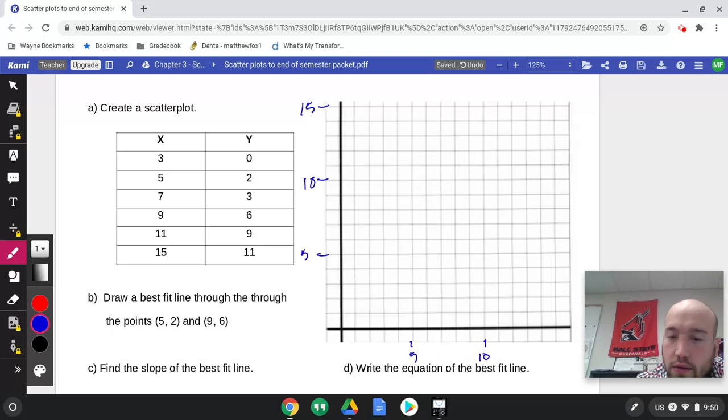All right. So now we got to plot these 6 points. 3, 0, 5, 2, 7, 3, 9, 6, 11, 9, and then 15, 11.